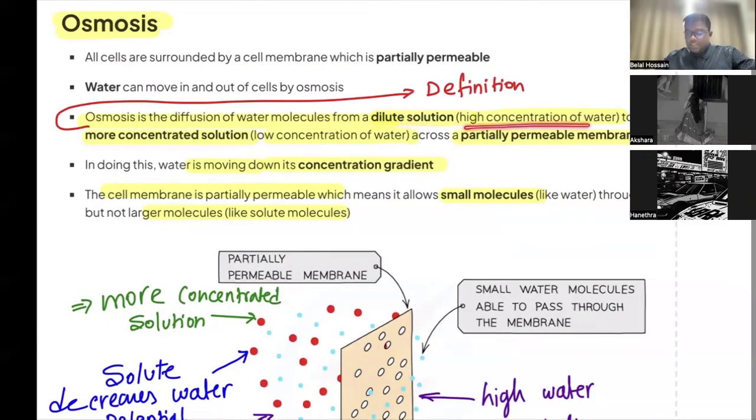Since these particular things are mentioned in brackets, avoid writing them. Osmosis is a diffusion of water molecules from a dilute solution to a more concentrated solution across a partially permeable membrane.